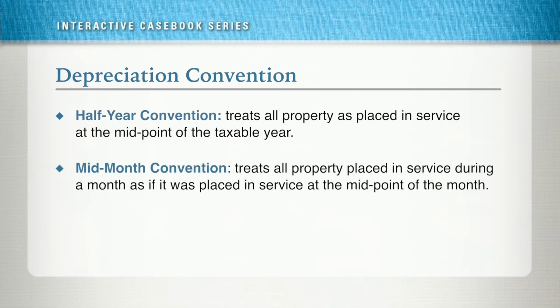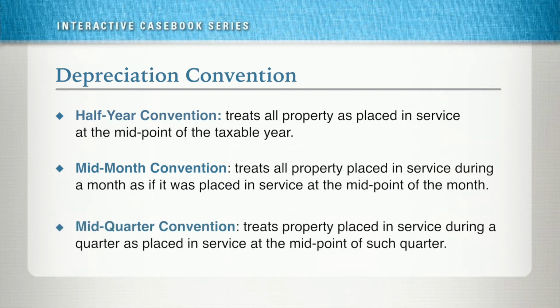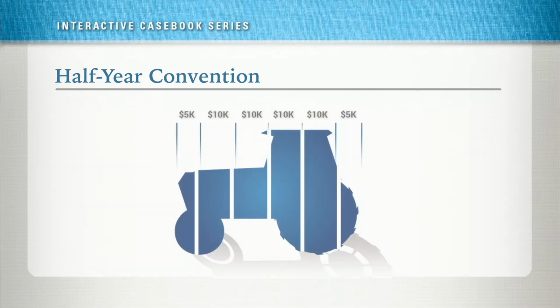There is also a mid-month convention used for real estate and a mid-quarter convention used when a taxpayer places a lot of property in service in the last quarter. Because of the half-year convention, the taxpayer only receives half a year of depreciation in the first year.